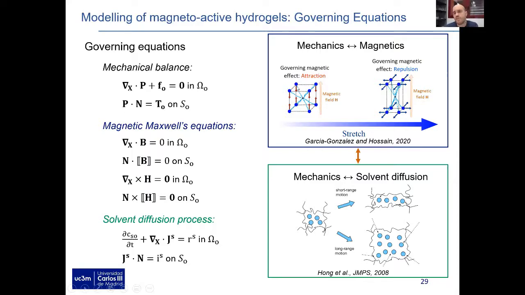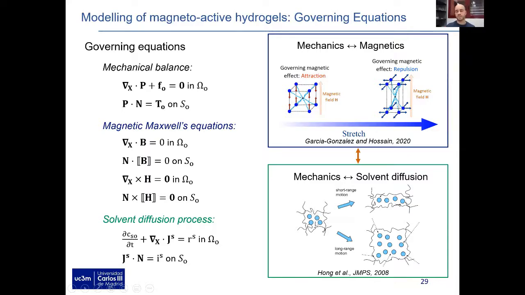If we start to deform the material, we can also change the nature of these electromagnetic forces, even from attraction to repulsion. And when we look at the coupling of mechanics with solvent diffusion, we can think about the response, right?